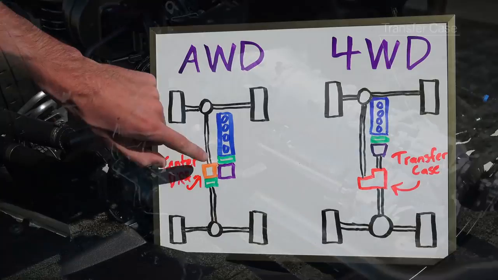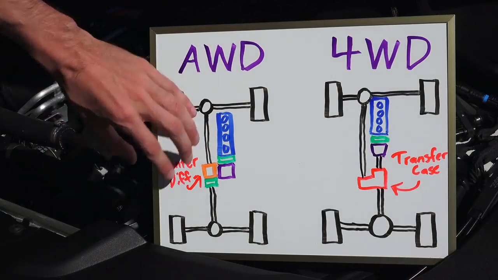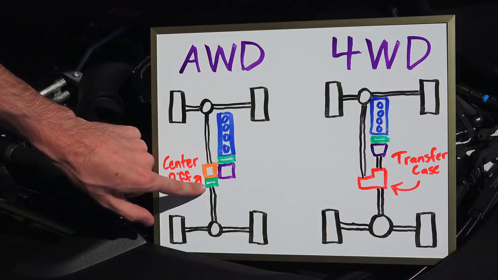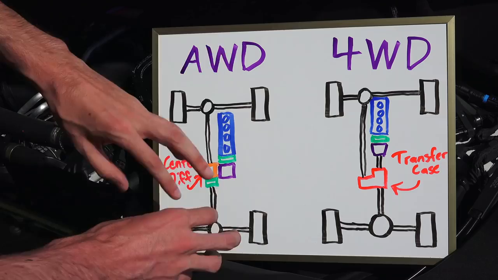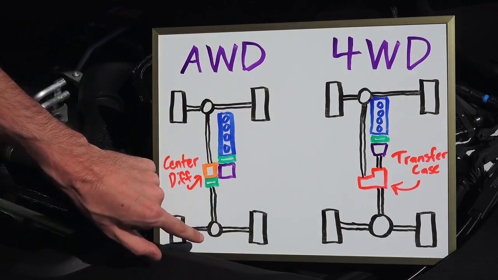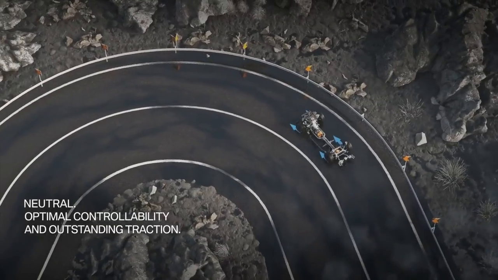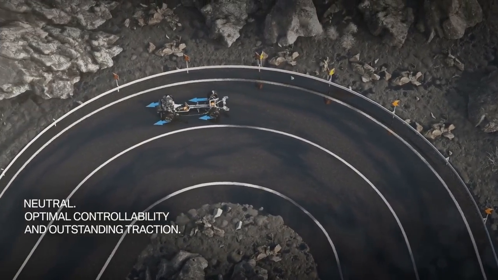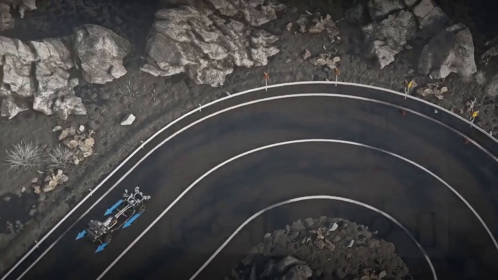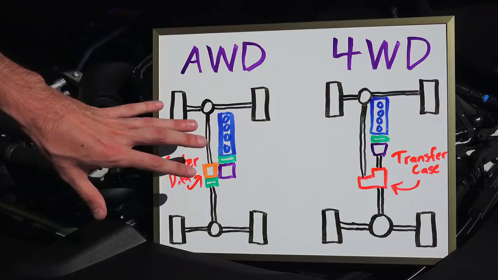In all-wheel drive, your center differential is going to be sending that power to one of the axles pretty much all the time, and then you'll have another clutch pack which can choose to send additional torque, or to redirect that torque to the other axle. So it could be the front or the rear, which one you're choosing to send more to, but traditionally you're going to have it be front wheel drive and then send torque to the rear differential as needed. But there are many different setups as far as all-wheel drive is concerned.